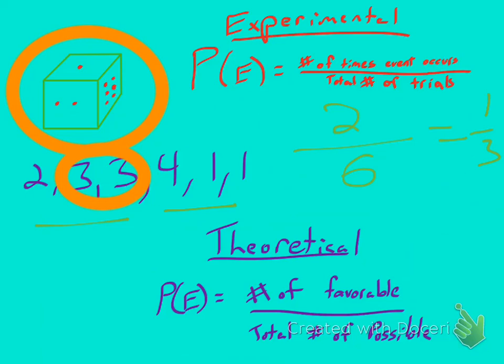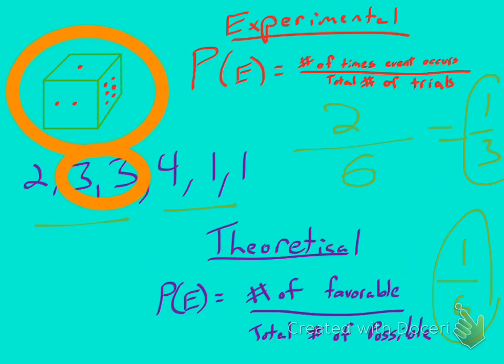Now theoretical would be this. Number of favorable outcomes, which would be 1, because there's only 1 3 on a dice. And the total possible would be 6, because there's 6 numbers on a dice. This is theoretical, and this is experimental.